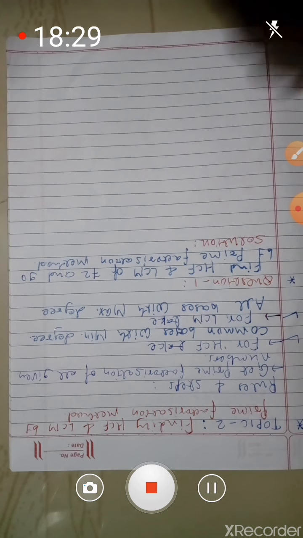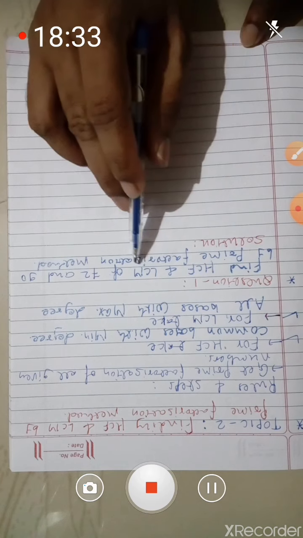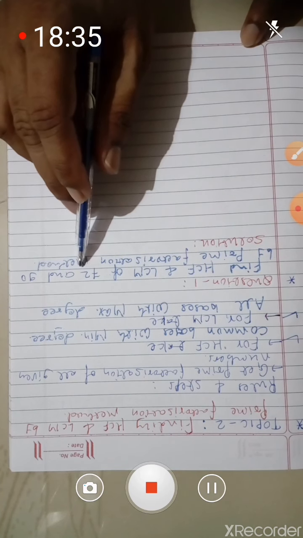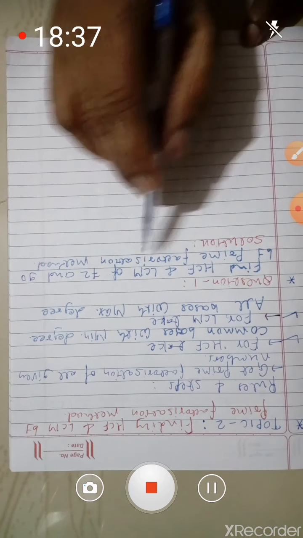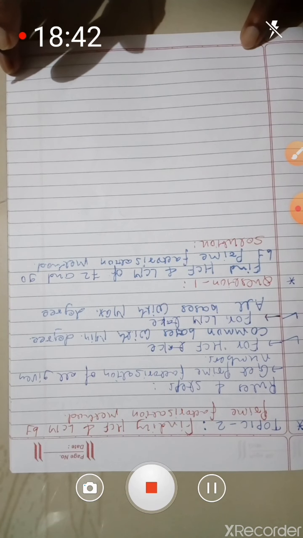Here our question number 1 is: find HCF and LCM of 72 and 90 by the prime factorization method. So we are given two numbers, 72 and 90.